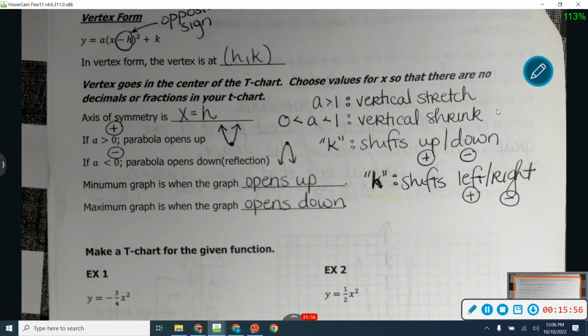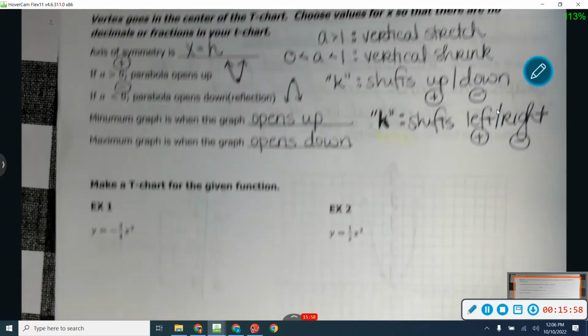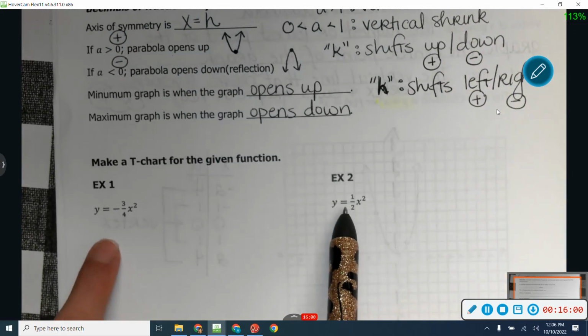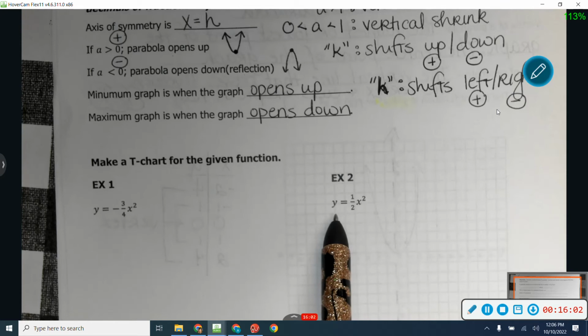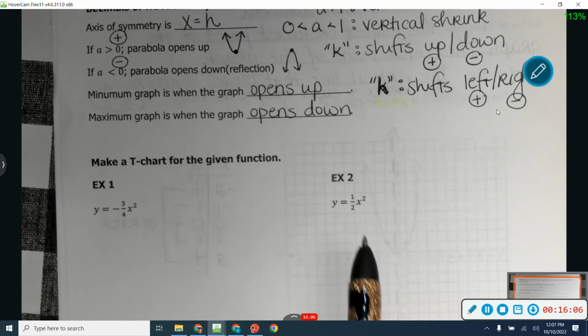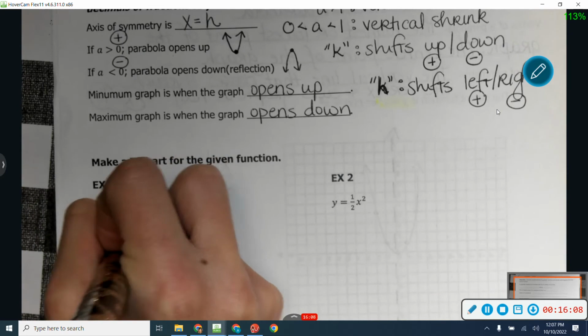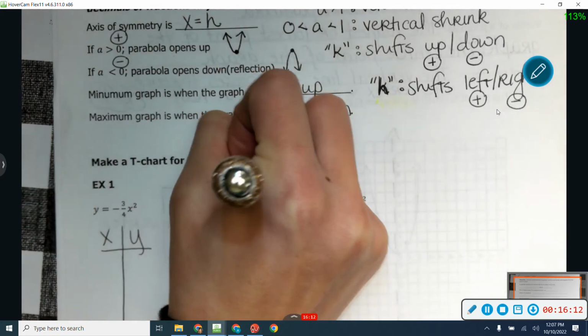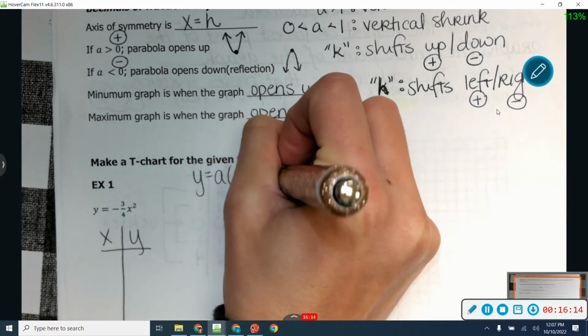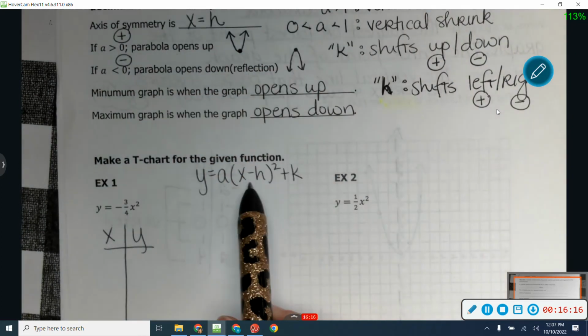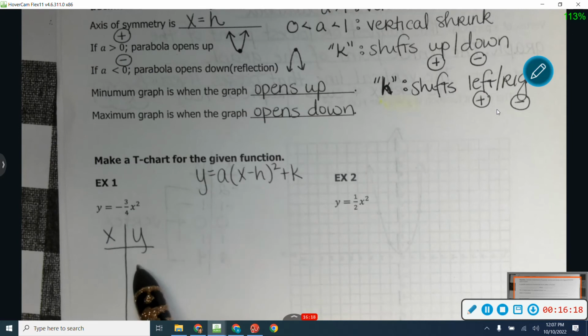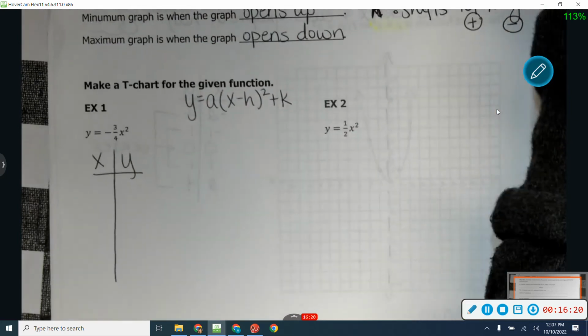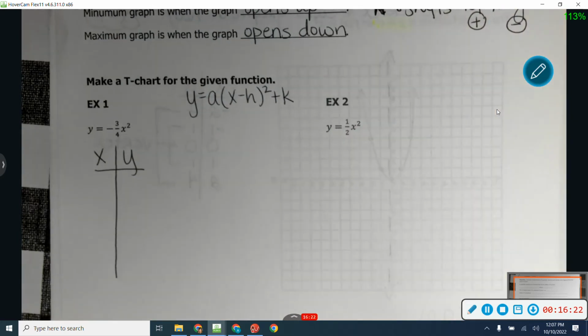All right, so for these first two examples, all we're doing is making a t-chart. I want you to be able to identify your vertex before we go to the calculator and do our t-chart though. So if I'm comparing this to my vertex form, y equals a times x minus h squared plus k, what's my vertex for example 1?